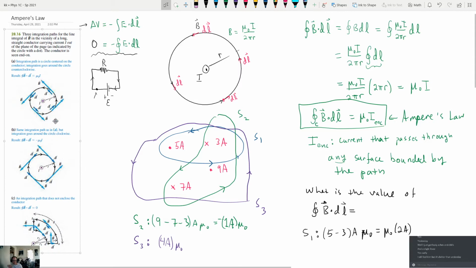So I think usually it makes sense to make B and dL in the same direction. And that's because of the cosine of the angle between them, right? Yeah, exactly. So for basically all of these answers right here, had we changed the path to go the other way, then it would have made this -2 and +1 and -4. Does that make sense?